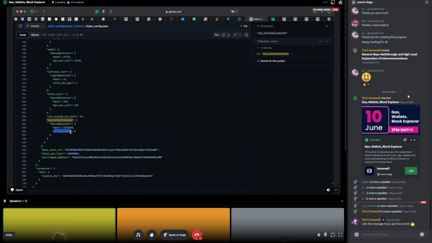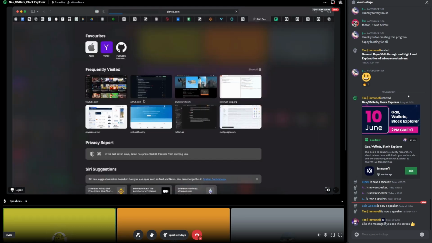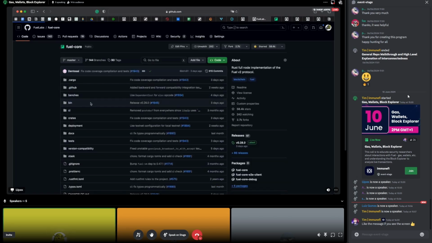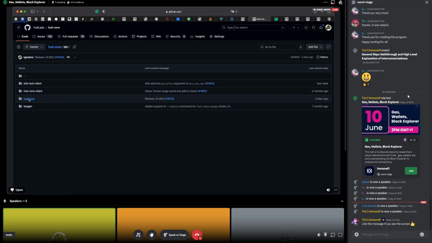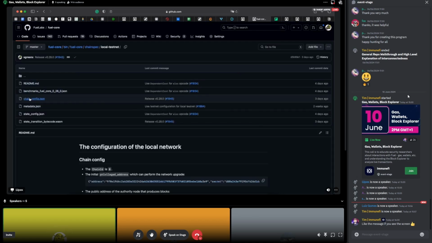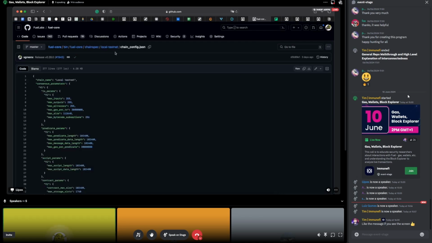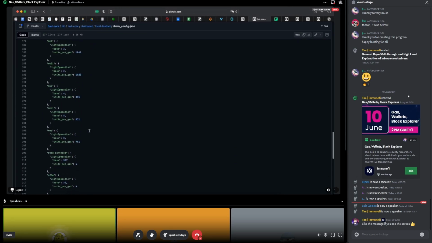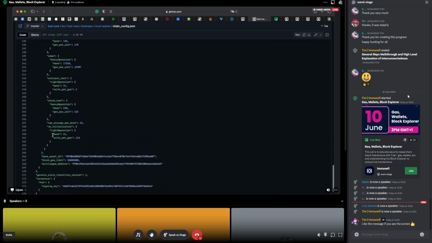Plus, because your transaction has its size, it also affects initialization. Currently here we just charge for the worst case, but later... actually, I think we can go into fuel-core because it was already released. Here, local testnet, chain config. It is the local testnet for people who start fuel-core locally. And here we already have updated gas prices.